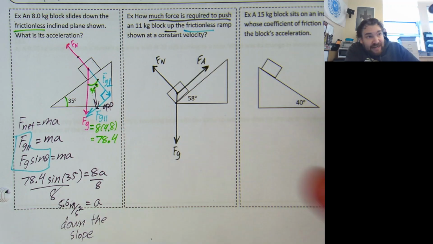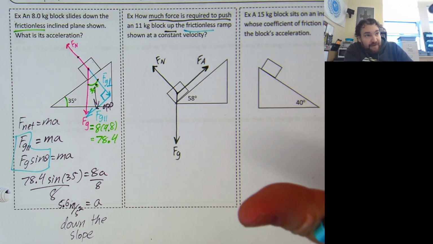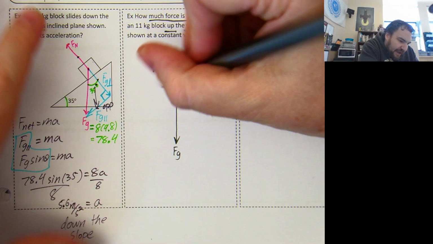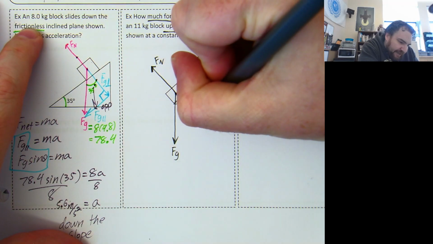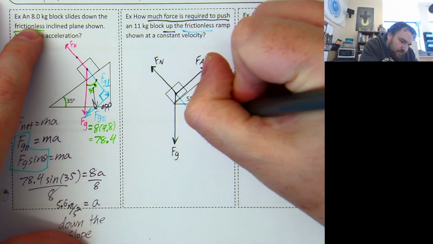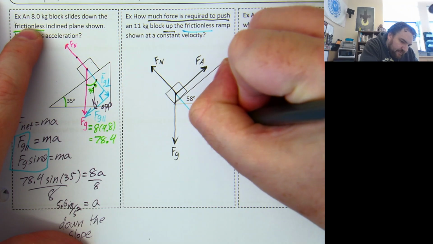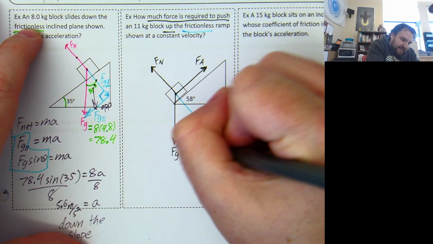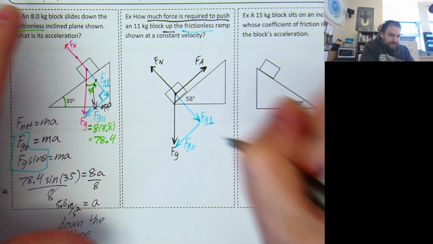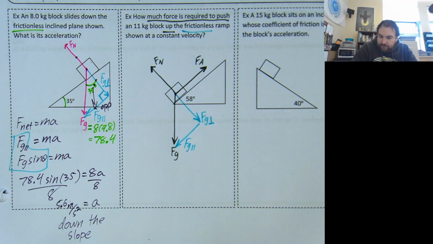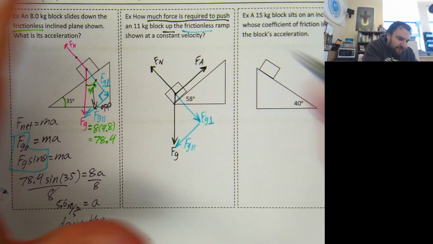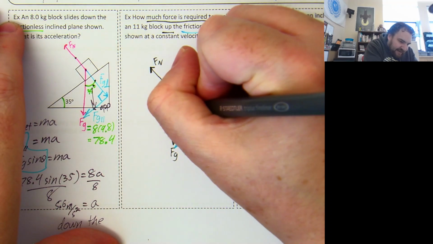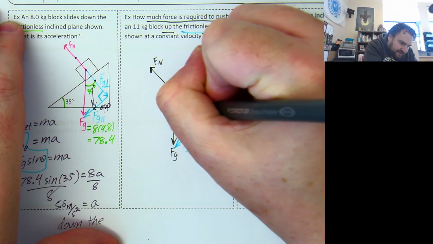So now, Brad, at this stage, the free body diagram is done. Now we're going to break up Fg. Fg has a component that is perpendicular to the incline, and it has a component that's parallel to the incline. If this angle right here is 58 degrees, then that angle here is going to be 58 degrees.